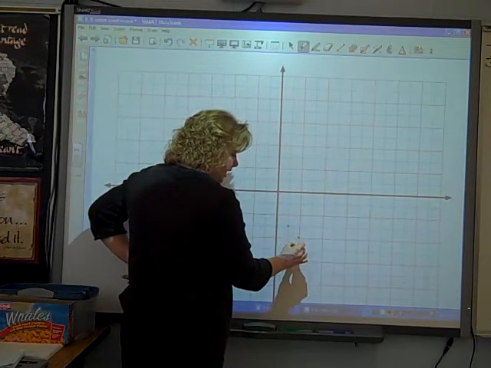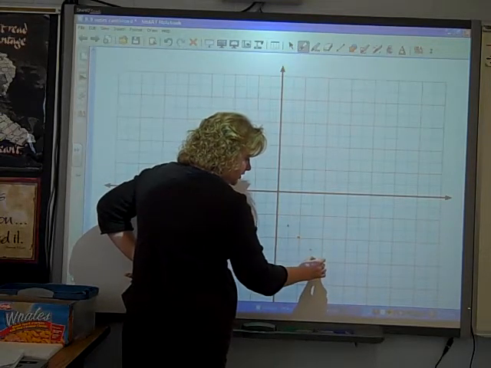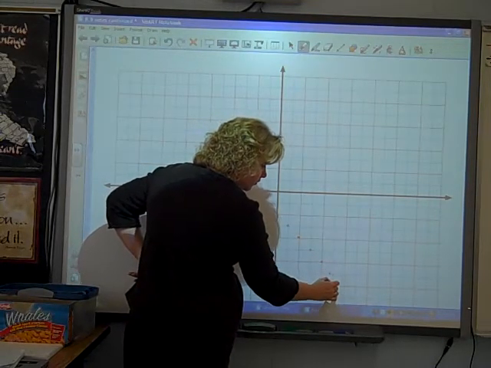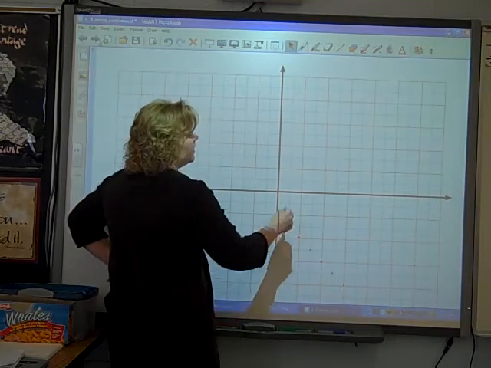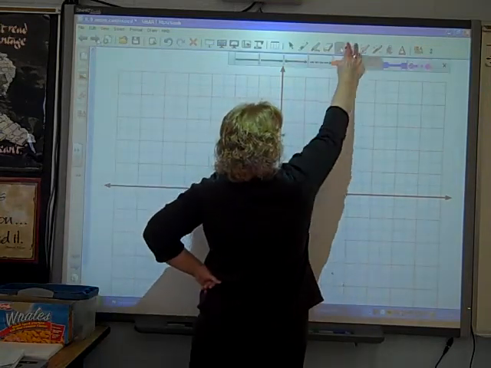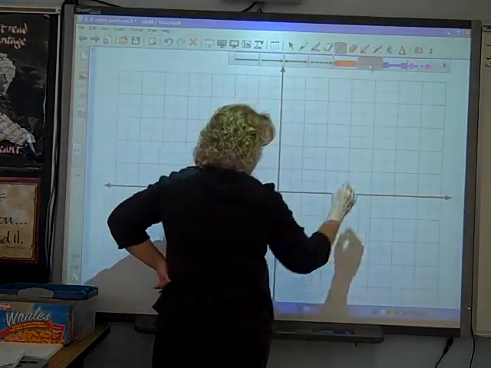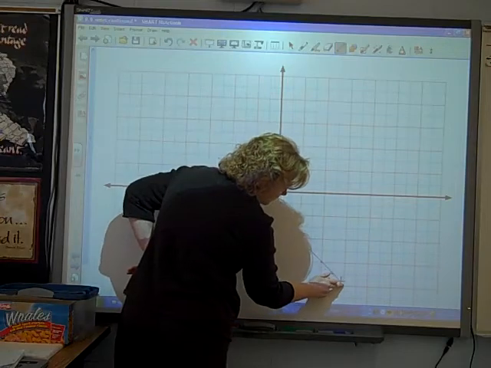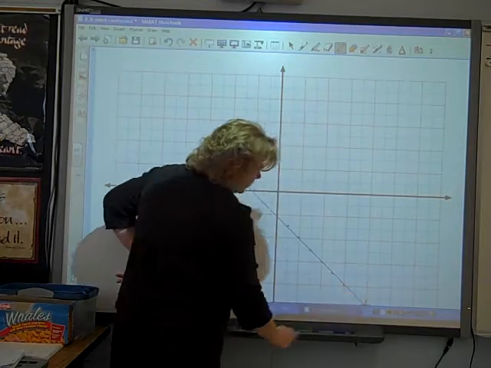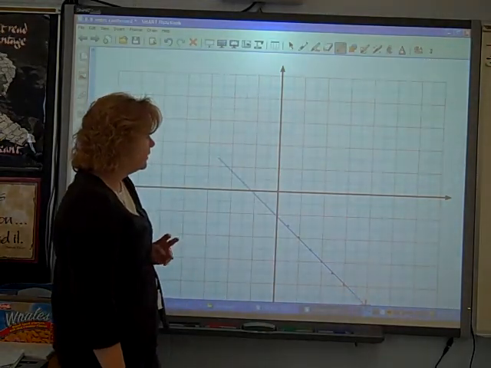And then remember to make a nice line, just keep going with your rise over run. So down one over one, down one over one. And then we said that that was a solid line, is that right? Yeah. Okay. So looks like that, correct?